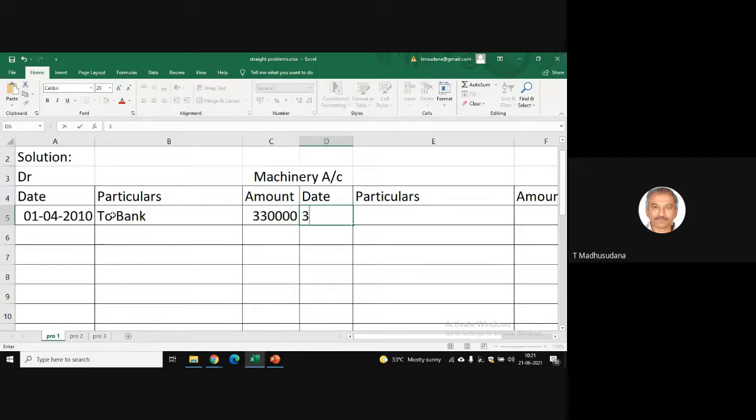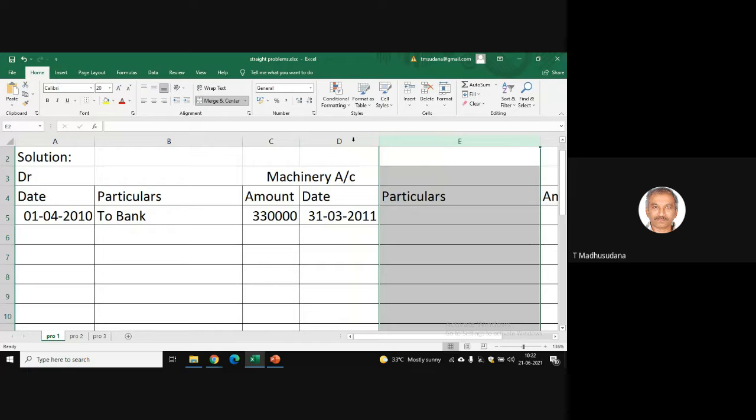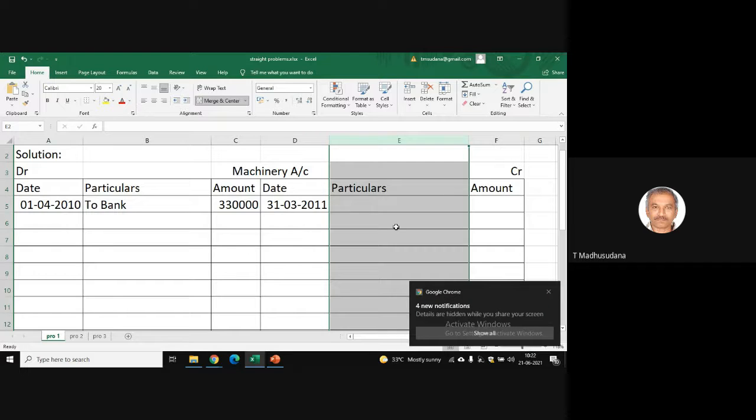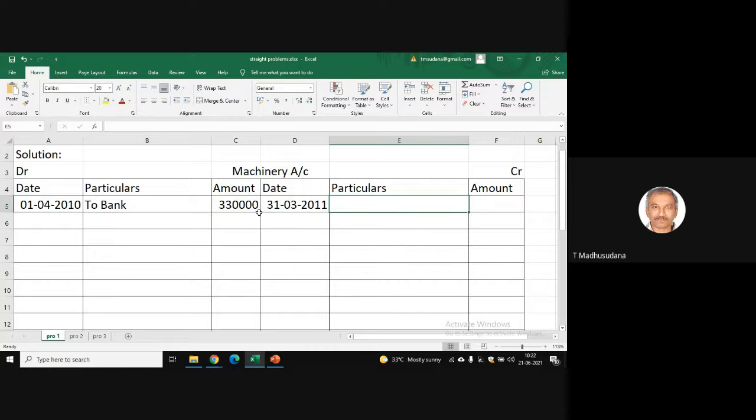So 31/3/2011 is the ending date of that financial year, for 2010-11. On that date, we have to calculate depreciation, and that depreciation is to be credited in the machinery account.